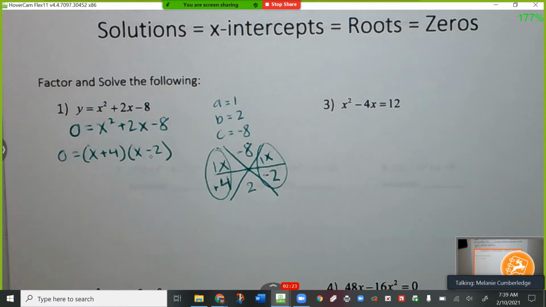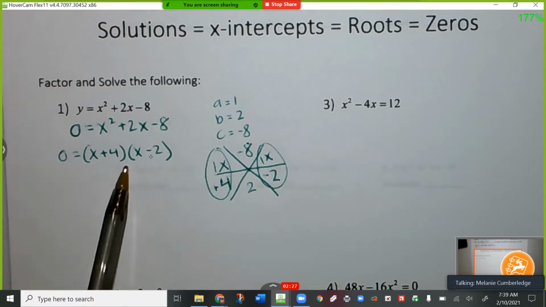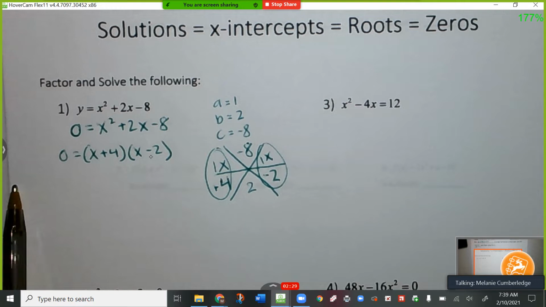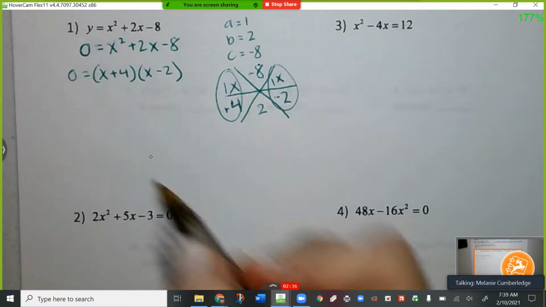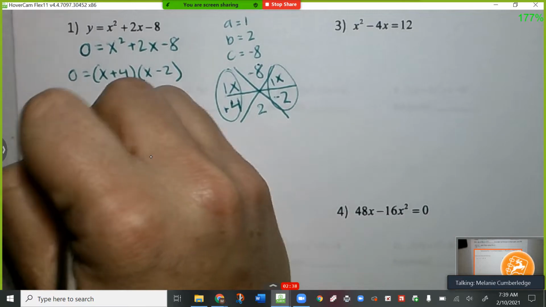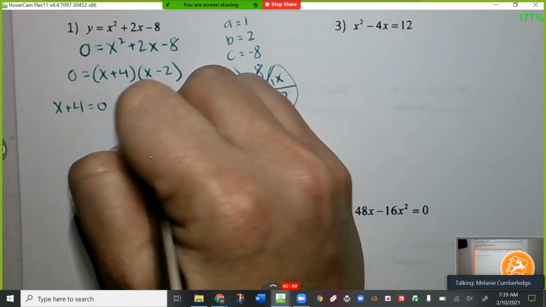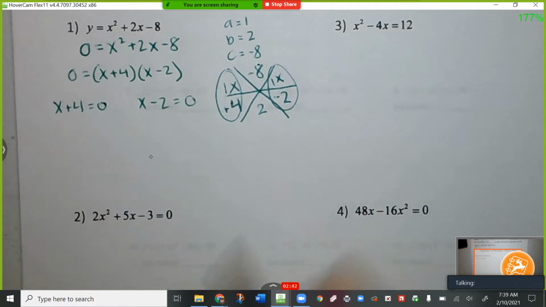Now, the way you solve with this is because there's two factors, we're going to set both factors equal to 0, and we're going to solve, and that's our solution. That's our x-intercepts. So we get x plus 4 equals 0, and x minus 2 equals 0.